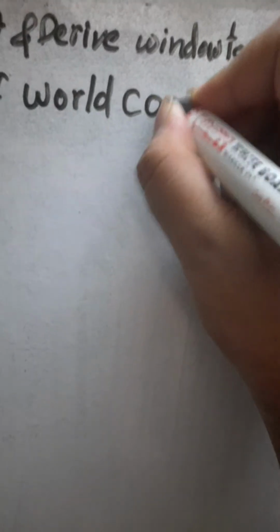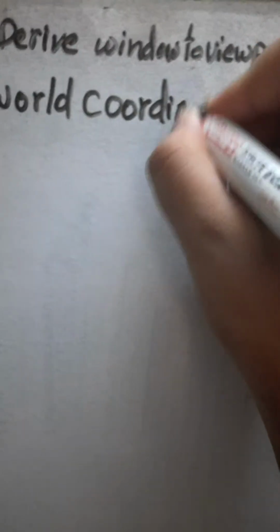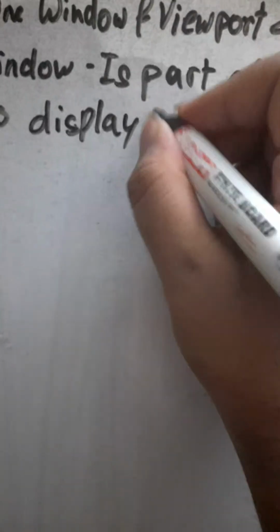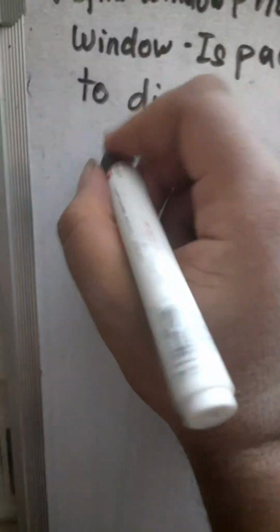Window is part of world coordinates selected to display is window. Okay, so I don't need to write that, right?